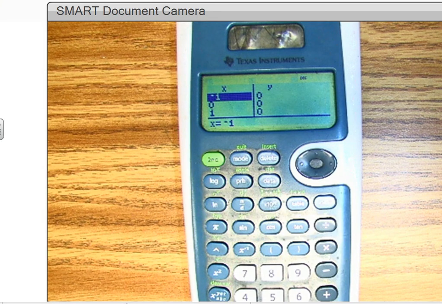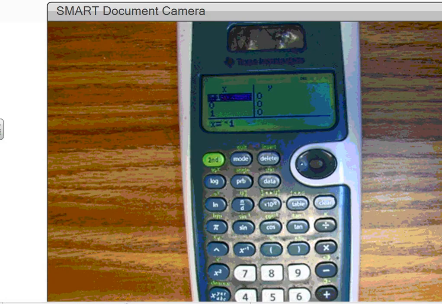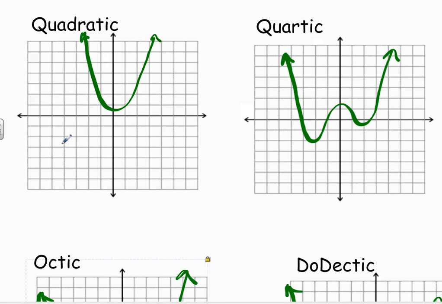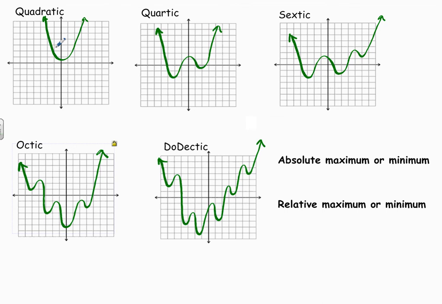Right, now, let's talk about a couple other graphs we have. Let's talk about even degree. Caution, this is an even degree. They do have absolute maximums and minimums, and they also have relative maximum and minimums. Okay? A quadratic that has a positive leading coefficient has an absolute minimum.